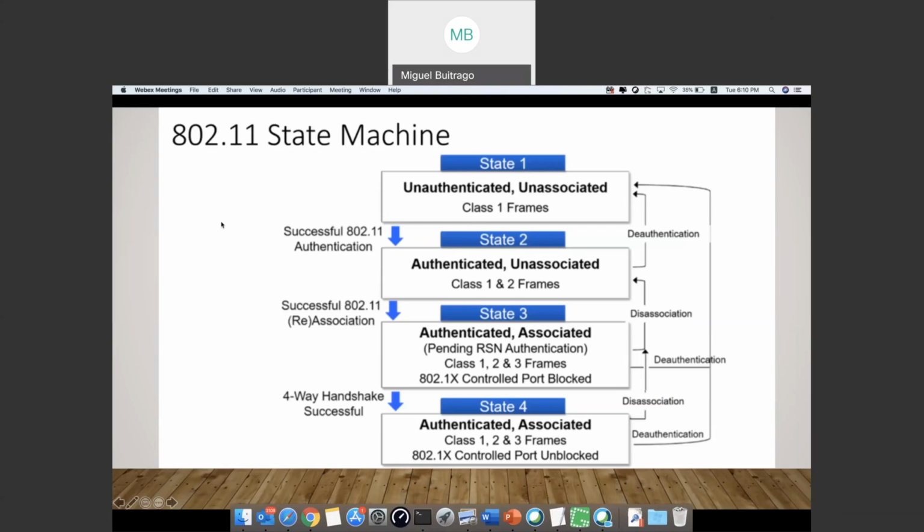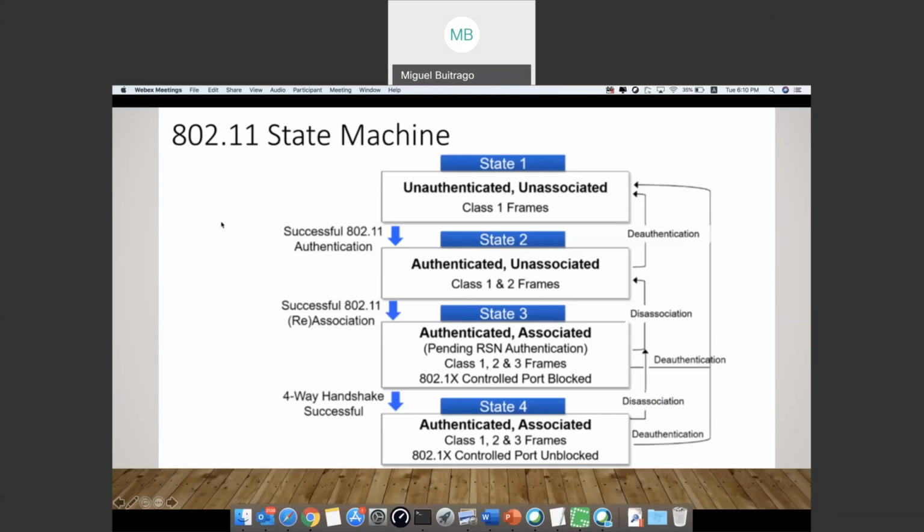In this stage, the client has the status authenticated and unassociated. Class 1 and class 2 frames fall in this stage: the class 1 frames I mentioned before, and in addition class 2 frames, for example association request, association response, reassociation request, or reassociation response if roaming applies, or maybe just association.